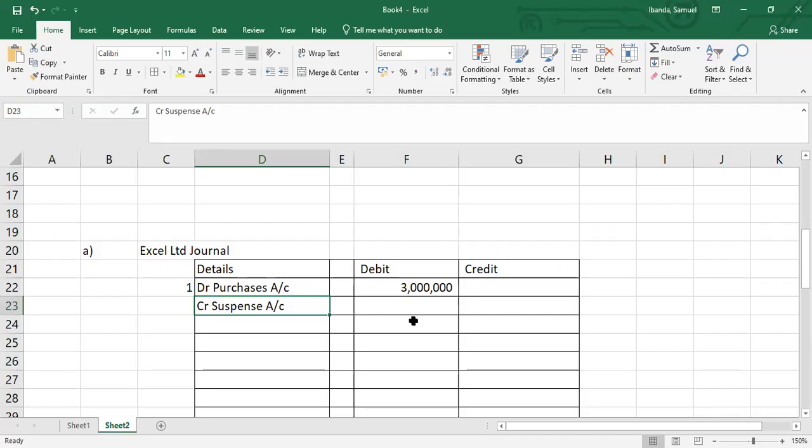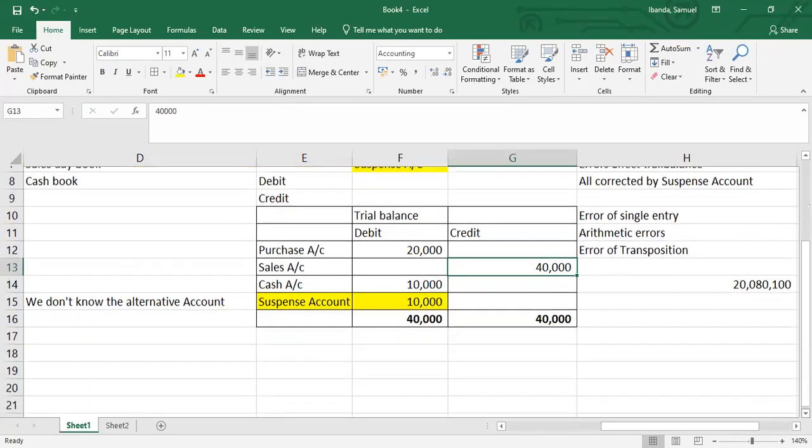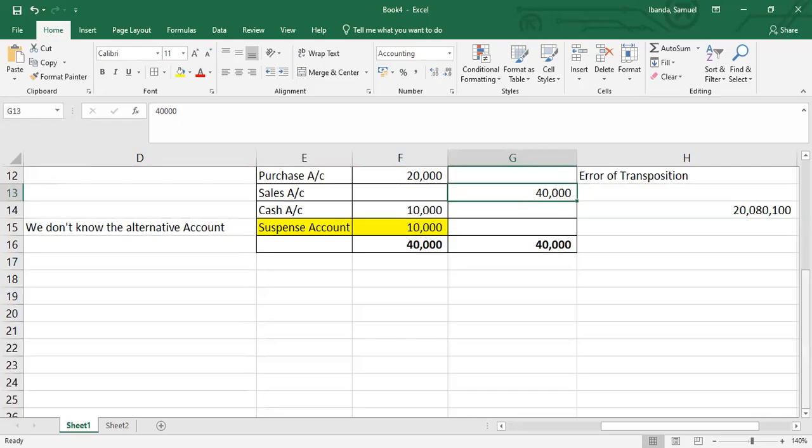So after I have debited my purchases to bring them to the right amount, the credit has to be made in the suspense account, not any other account.